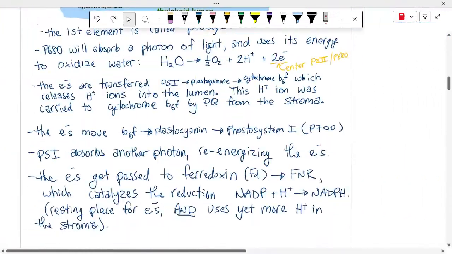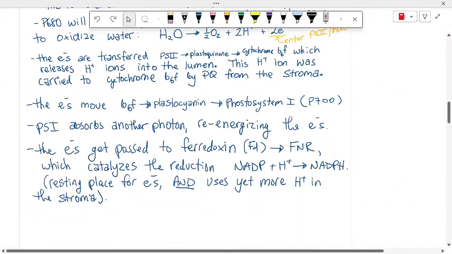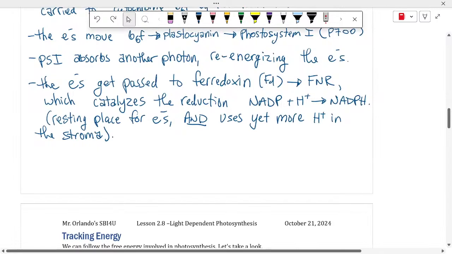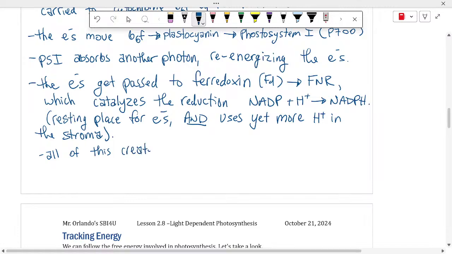All right. Then the last thing we're going to say is all of this creates an electrochemical gradient.